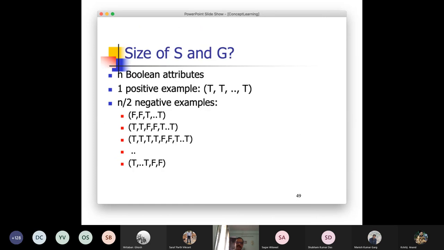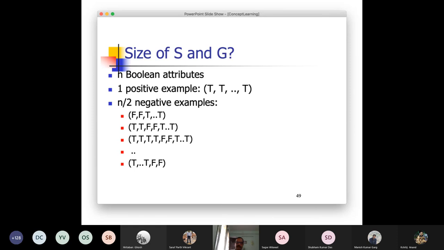One example we can show is where the size of S is small, constant, but the size of G could be exponential in the number of inputs. Say you have one positive example, all true.